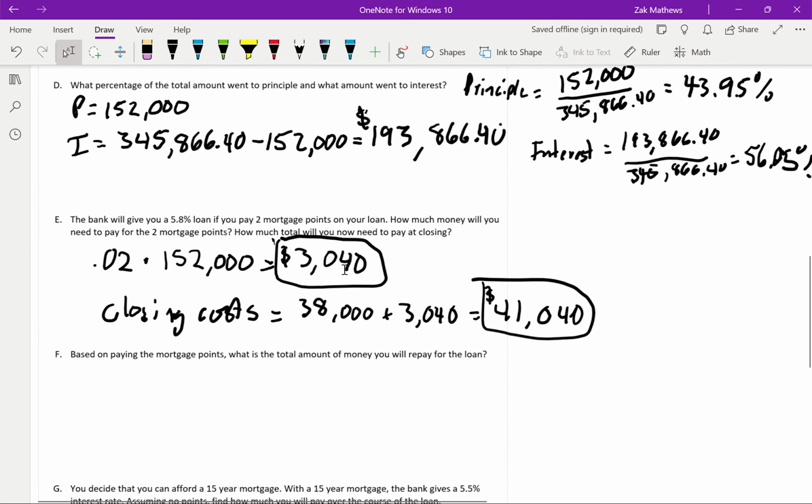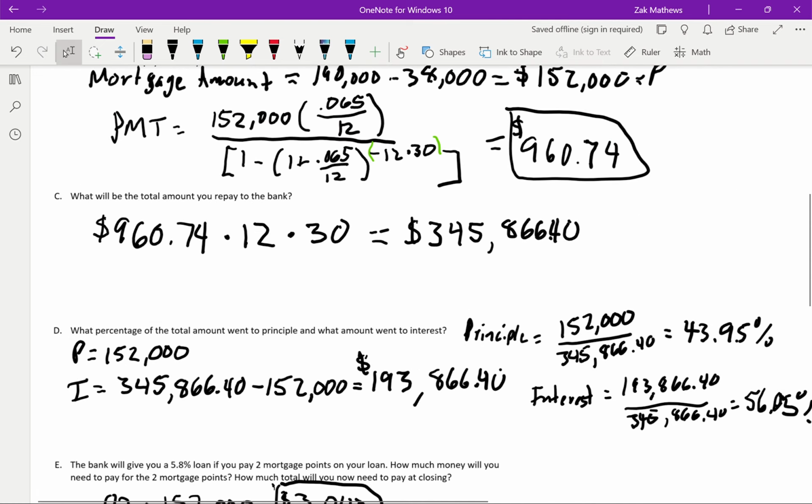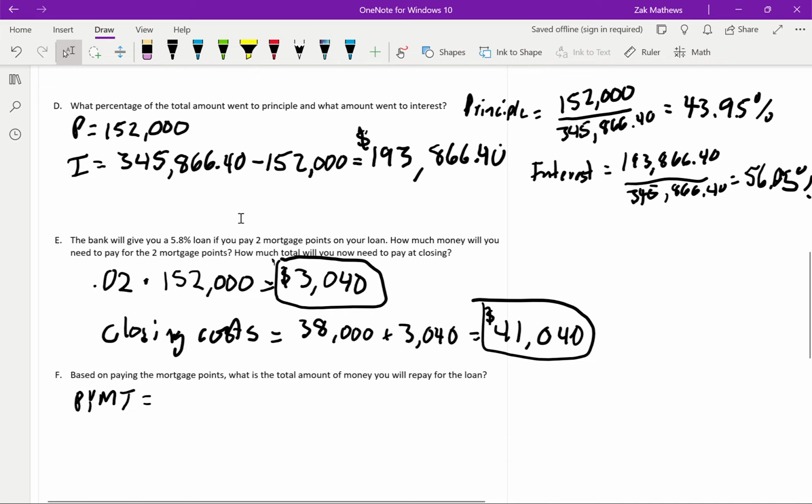But let's see what those points have done for our total amount of money we have to repay. So we now are getting a better interest rate, which means our payment is going to look a little different. Remember, just a second ago we calculated it. It was the 152,000 times the 0.065 divided by 12. Everything's going to be more or less the same, except that 0.065 is going to change to 0.058.